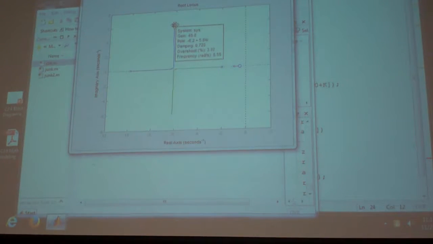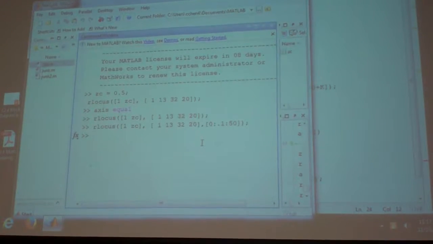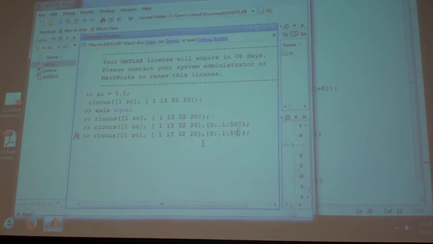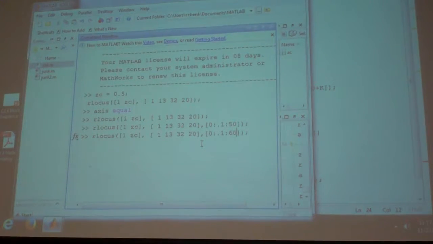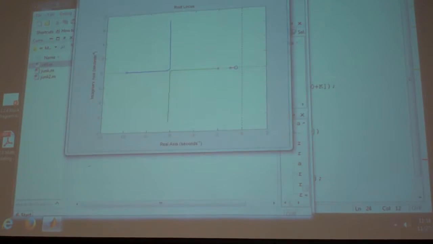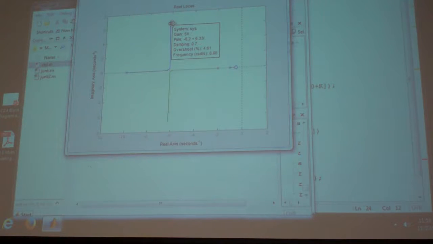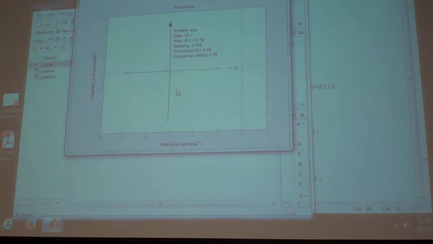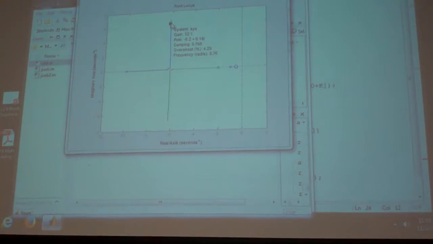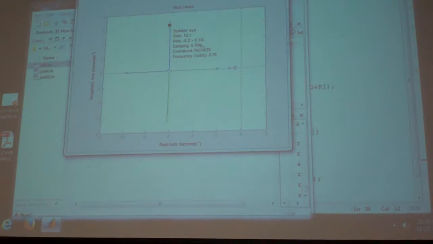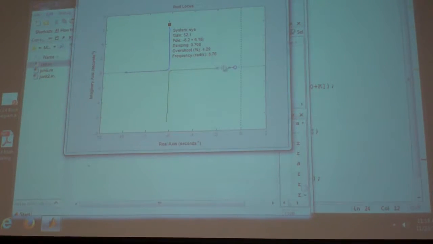We can see the damping ratio is still not enough. Then enlarge. You want 0.707, about here. So that is the pole corresponding to the damping ratio of 0.707.